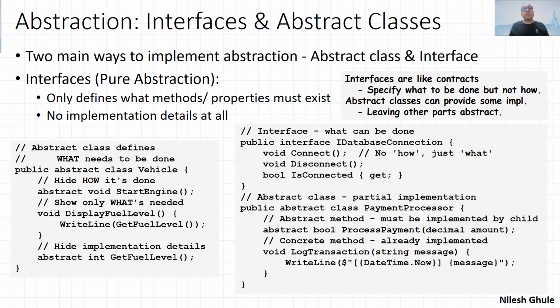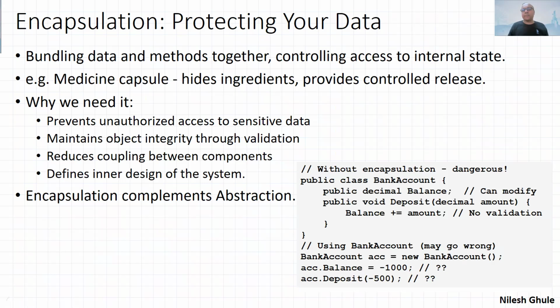Now that you have understood abstraction, it's time to talk about the next major pillar, that is encapsulation. Encapsulation is about bundling your data and methods together and providing controlled access to the data. The word encapsulation might have come from the medical capsule. If you ever open a medical capsule, there is a lot of bitter medicine inside it.